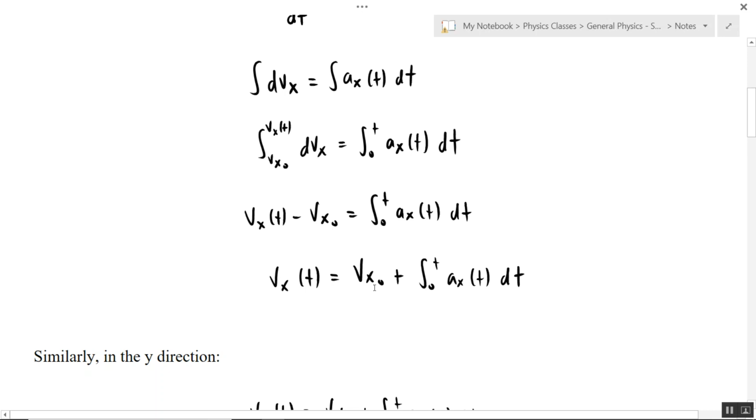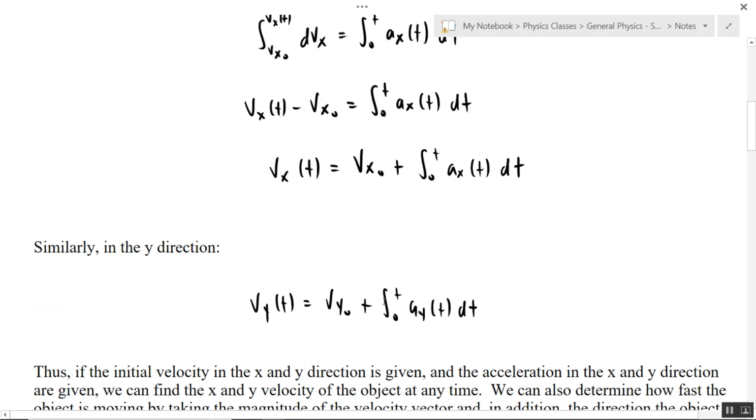It's just the initial velocity at t equals 0, where you start, plus the integral from 0 to t of ax of t dt. Similarly, you can do the same thing for the y direction. It's the same thing, right? Vy is Vy0 plus the integral of the y part of the acceleration over time, right?